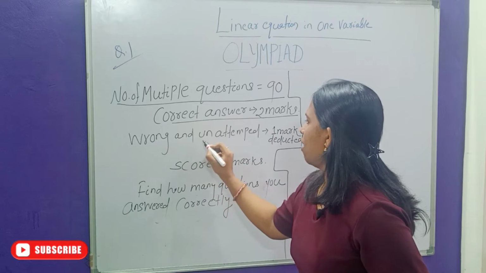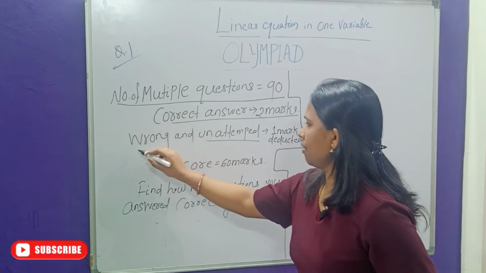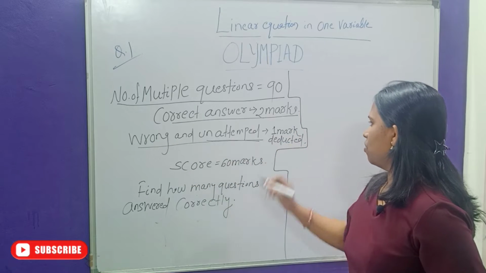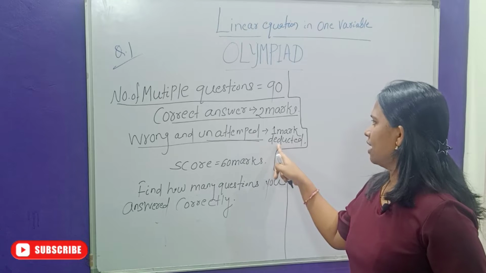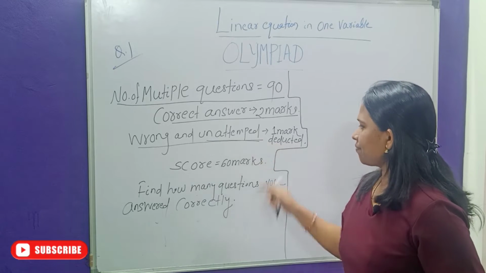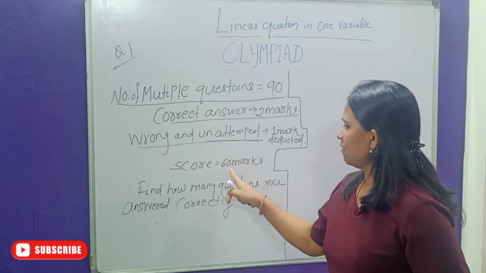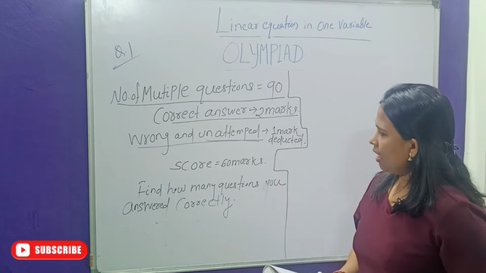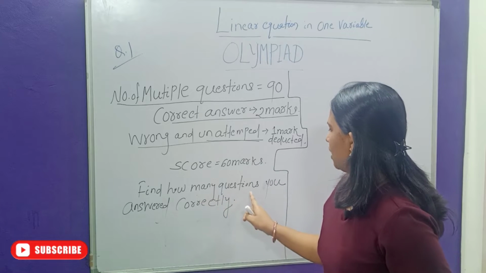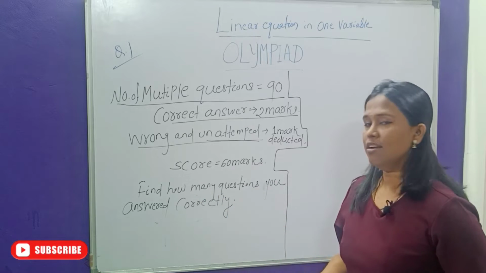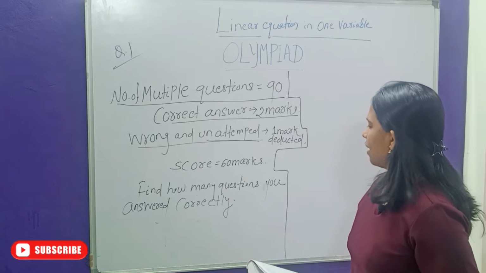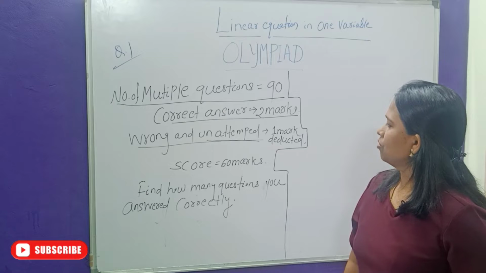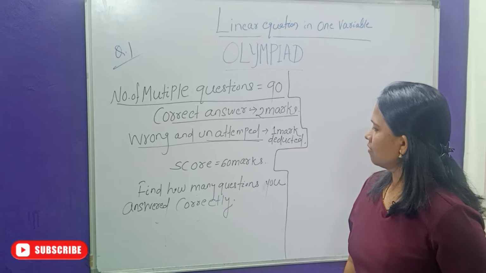For wrong and unattempted questions, you lose 1 mark; 1 mark will be deducted from your main score. Your total score is 60 marks. Then find out how many questions you answered correctly. So we have to find this.